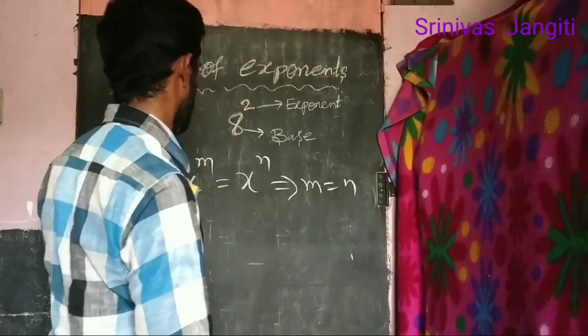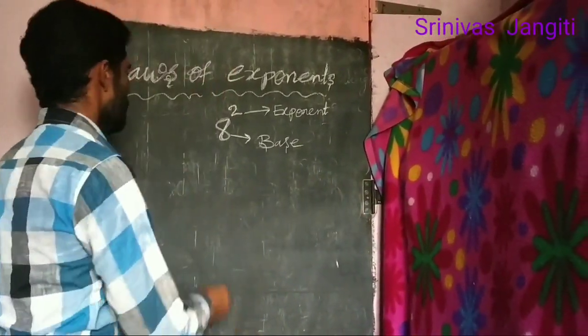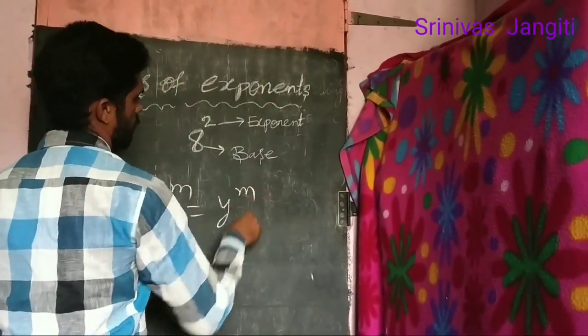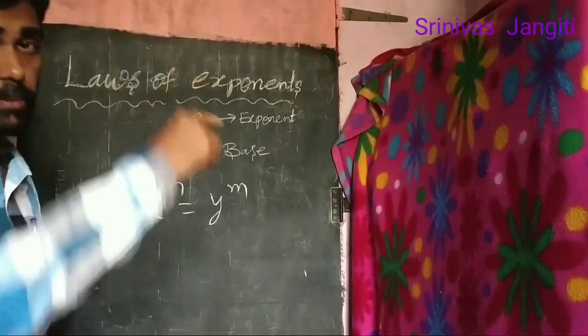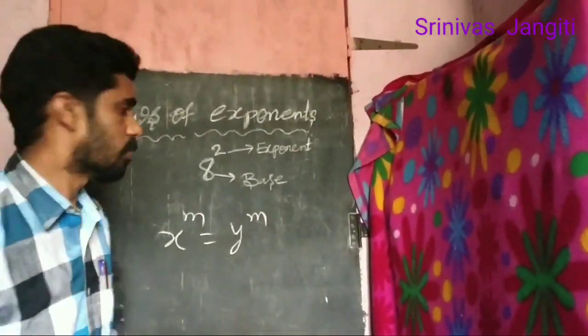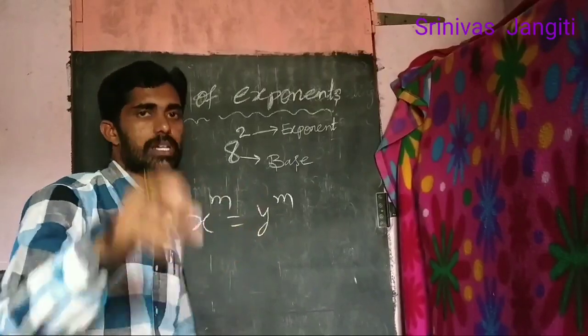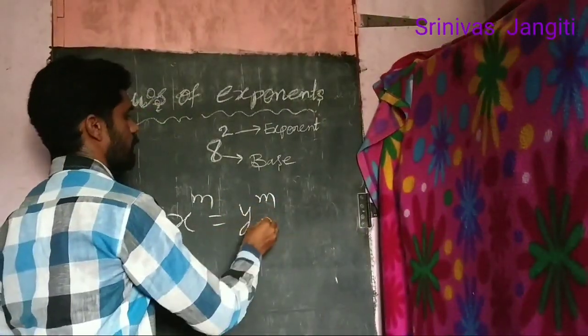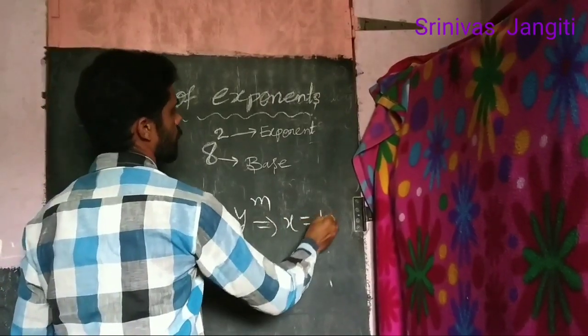And the next law. What is here? x to the power of m is equal to y to the power of m. What do you observe here? Tell me. Yes, very good. Are the bases equal here? No. But what is here? Yes, very clever. The exponents are equal. Then when the exponents are equal, automatically the bases are also equal.